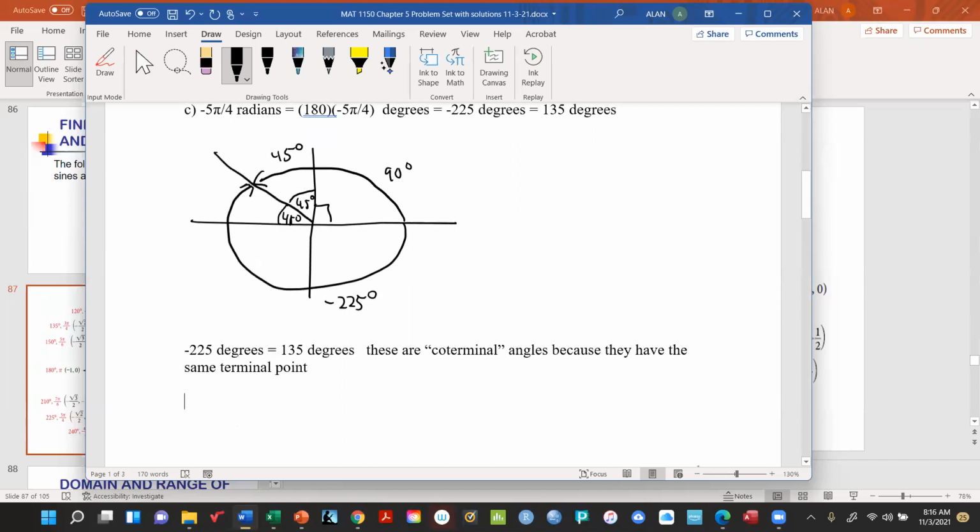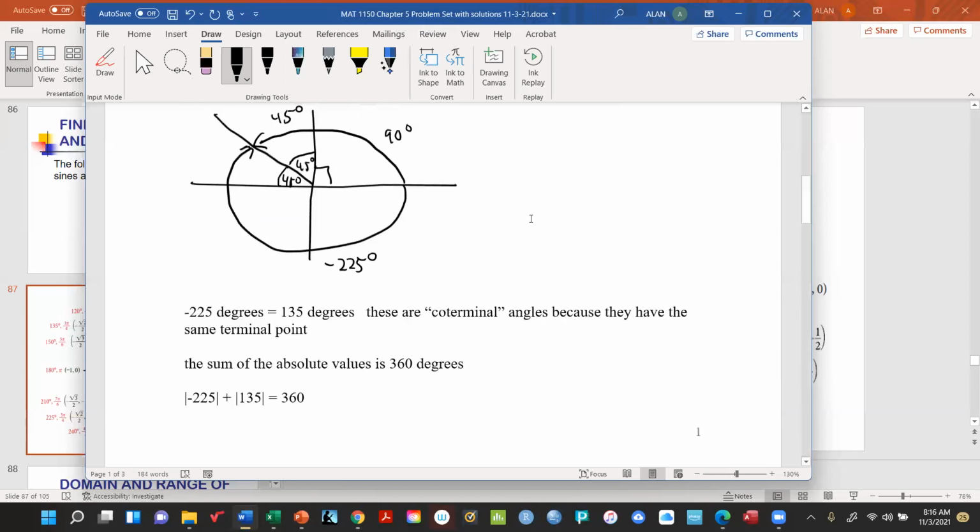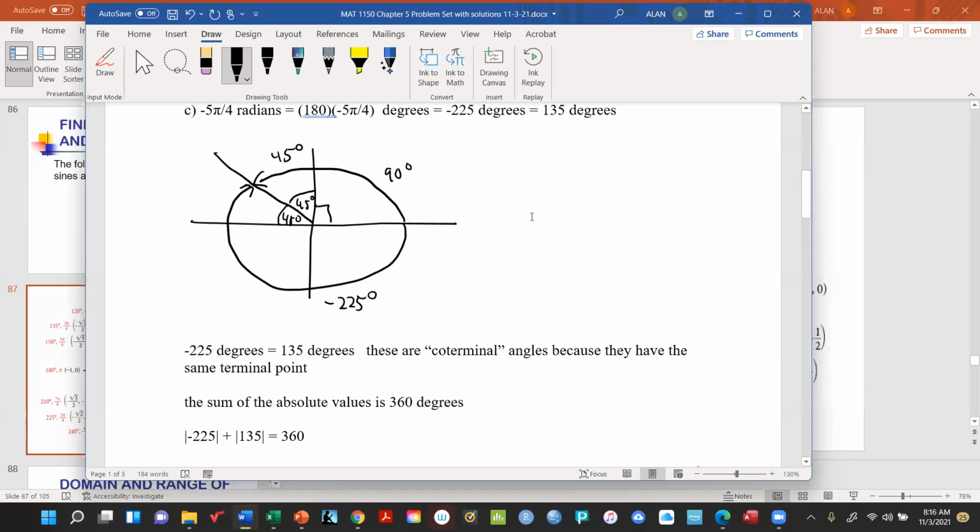And if you notice, the sum of the absolute values is 360 degrees. In other words, the absolute value of negative 225 and the absolute value of 135 does in fact give us back 360. So that's how you know you've done this correctly. If the absolute values add up to 360, that means you have correctly identified the so-called coterminal angles. So when one is negative, we can easily convert it into the equivalent positive angle through this procedure.